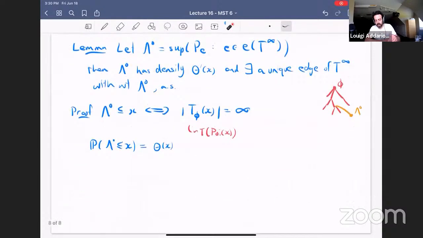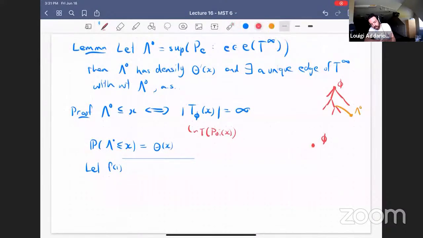Okay, so now I'd like to argue that there really is an edge of exactly this weight. So let's do that in steps. Let me write F1. I want to start by thinking about what happens if we only do critical percolation starting from the root.